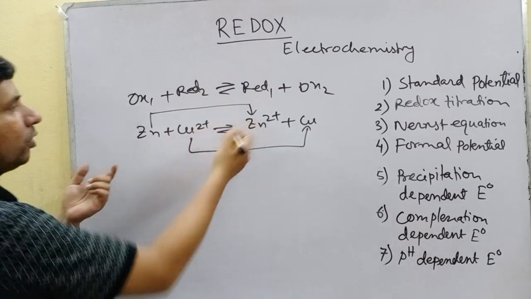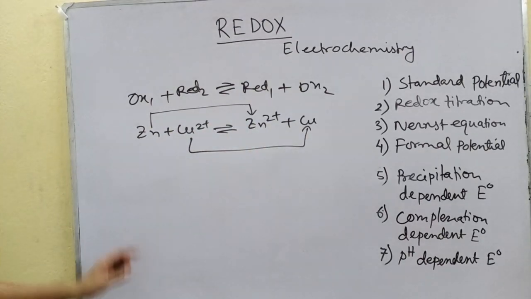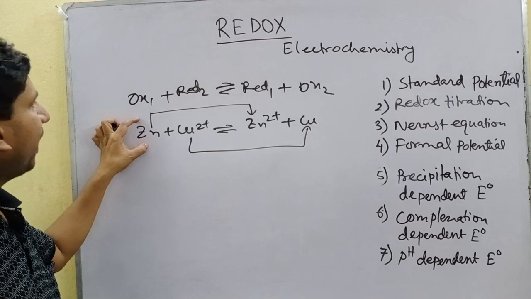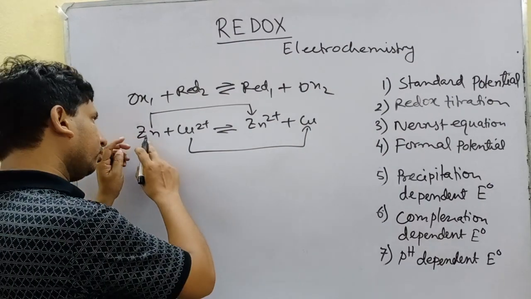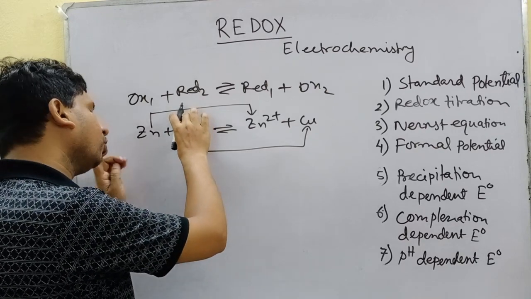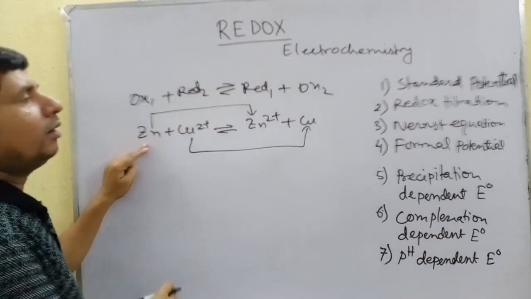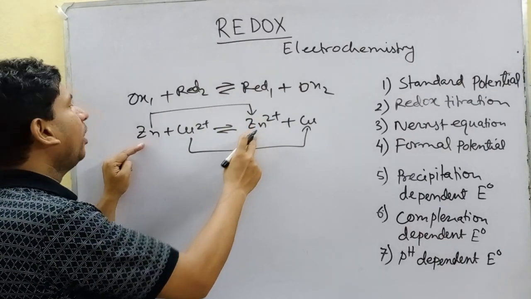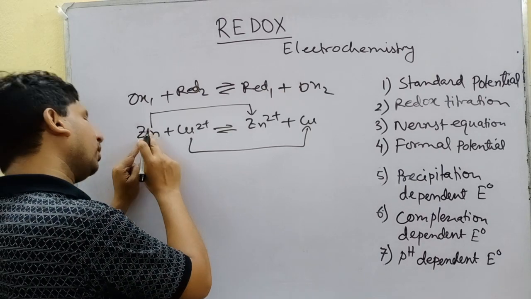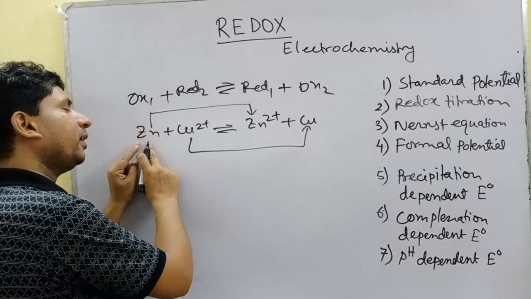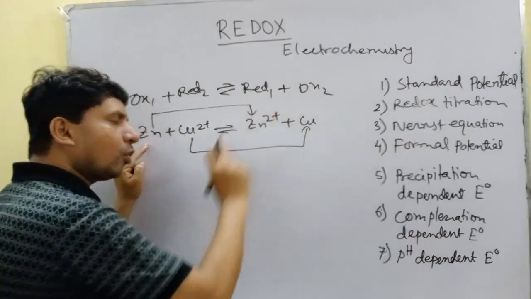So Cu2+ is the oxidant, it oxidizes zinc to Zn2+ ion, and zinc is the reductant, the reducing agent, which reduces the copper 2+ ion to copper.